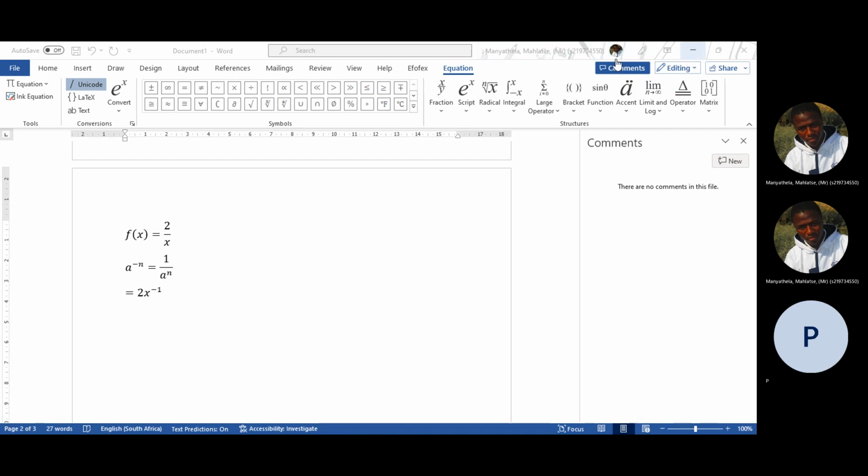Okay, I wasn't even aware that you have exited the meeting. So the first thing that you're going to do is to write, if you're going to derive this function using rules of... No, I can't see the screen now. I cannot see the screen.